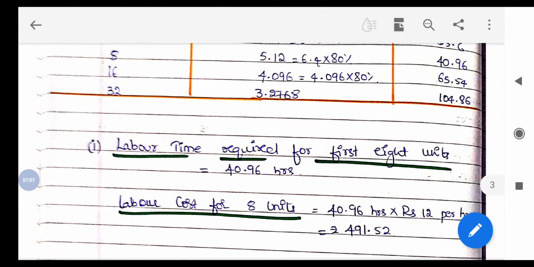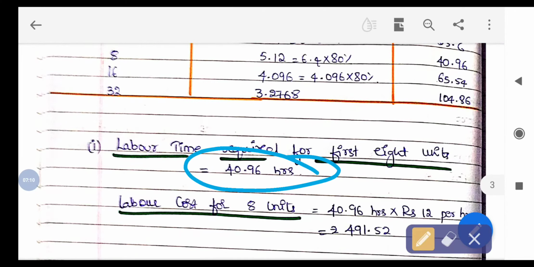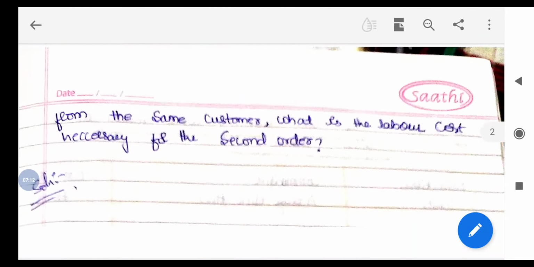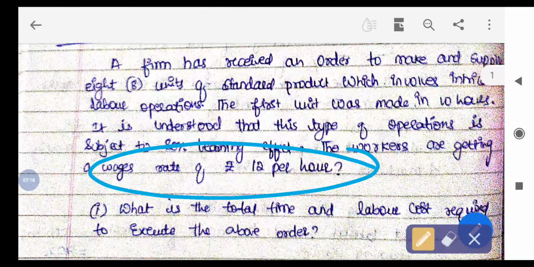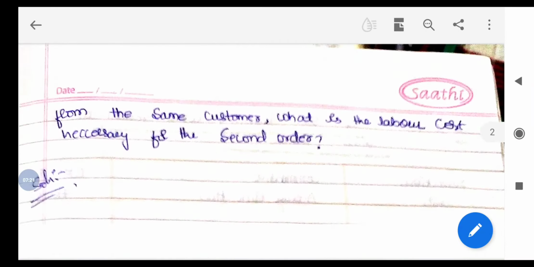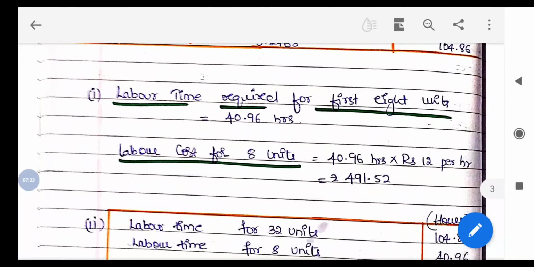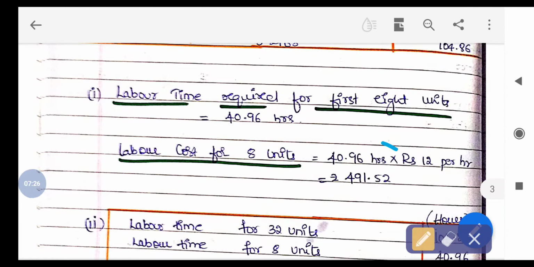So the labor time for the first 8 units is 40.96. The labor rate is 12 rupees per hour for the workers, so 40.96 hours into 12 gives a total wage cost of 491.52 rupees. This is the labor cost for the first question.